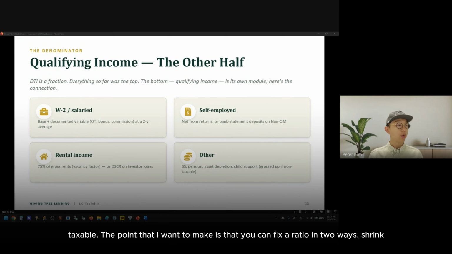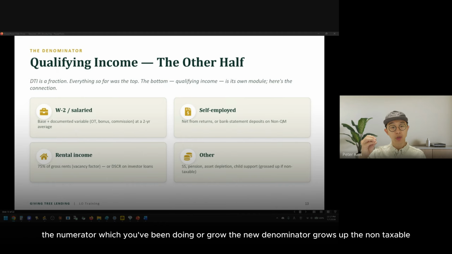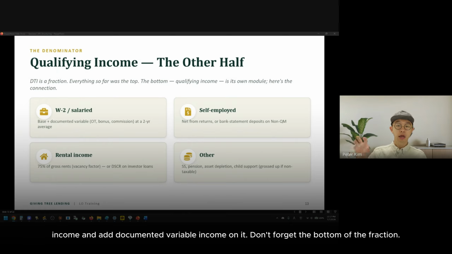The point I want to make is that you can fix a ratio in 2 ways: shrink the numerator, which you've been doing, or grow the denominator, gross up the non-taxable income and add documented variable income. Don't forget the bottom of the fraction.